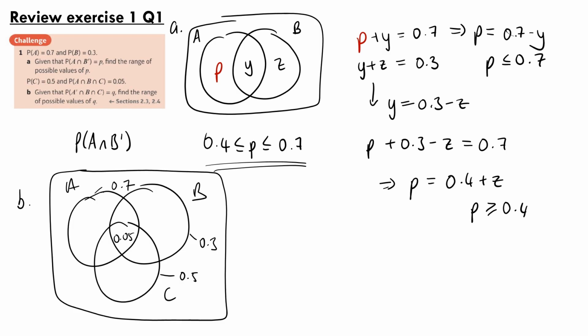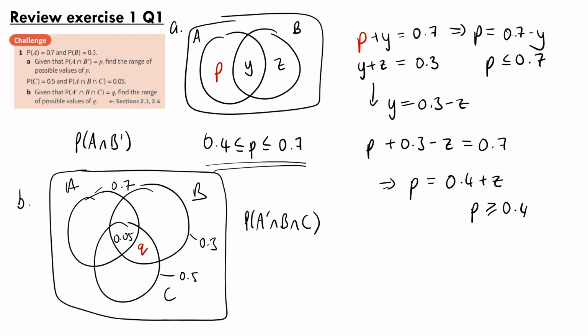And this time we're trying to find the probability of not A intersection B intersection C. So that's everywhere where B and C intersect, so in this portion of the Venn diagram here, and also where not A is. So everything outside of A, including the outside section. So where they both intersect then is just this part here, which is where q is.